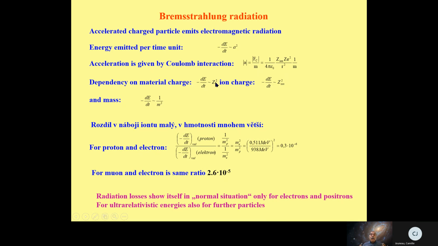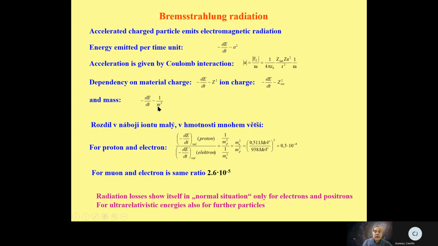If you have a heavy material with high Z, there will be very intensive production of Bremsstrahlung radiation. And the dependency on the mass is 1 divided by m, and it is the square of acceleration, so there will be an inverse dependency on the square of mass. From this, it's possible to see why Bremsstrahlung radiation is important only for a light particle and not for a heavy particle.